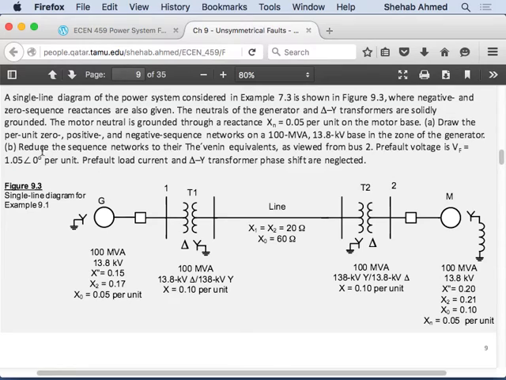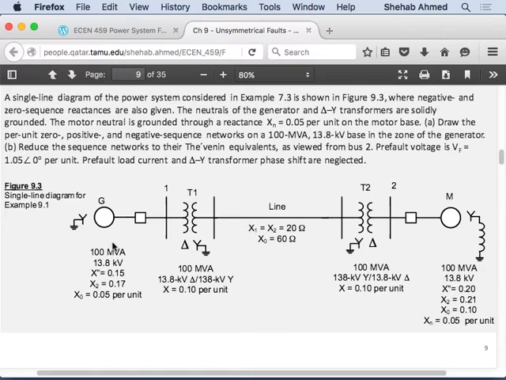Reduce the sequence networks to their Thevenin equivalents as viewed from bus 2. So we will have a fault at bus 2, obviously. And they're telling you the pre-fault voltage VF is 1.05 per unit. So the voltage right before the fault is 1.05 per unit.